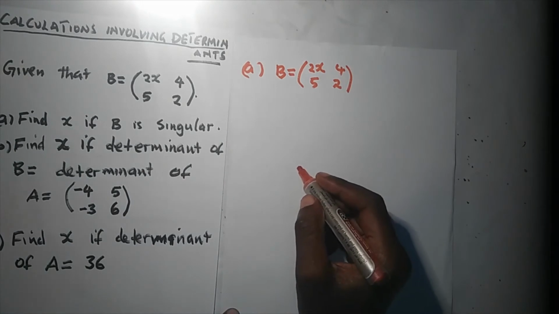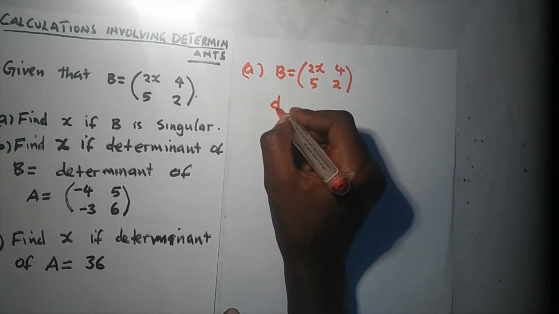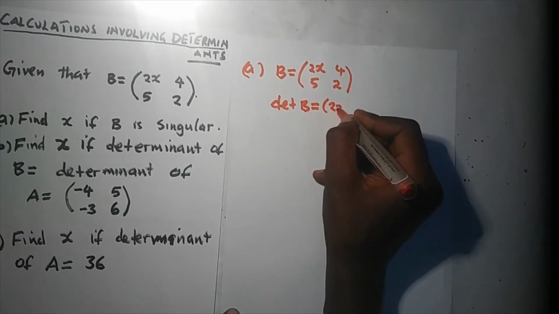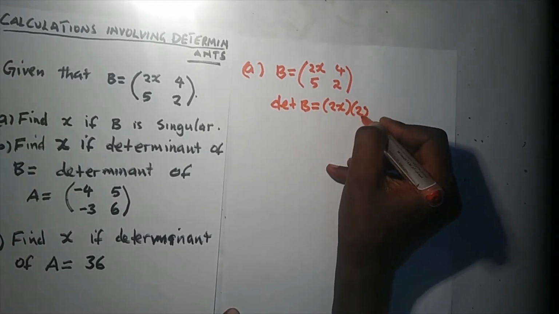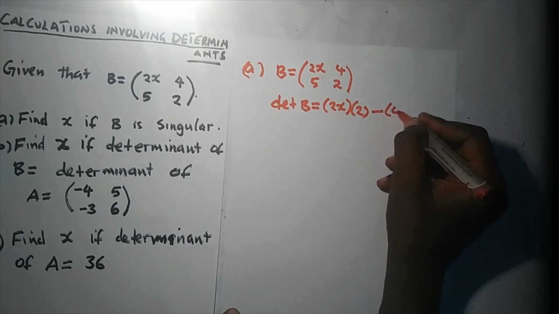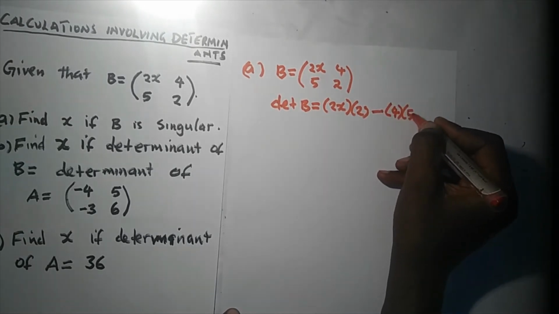The question tells us that if this is a singular matrix, we should find the value of x. We know that a singular matrix has a determinant that is equal to 0. So we are going to calculate the determinant for this matrix. Determinant of b is equal to 2x times 2 minus 4 times 5.